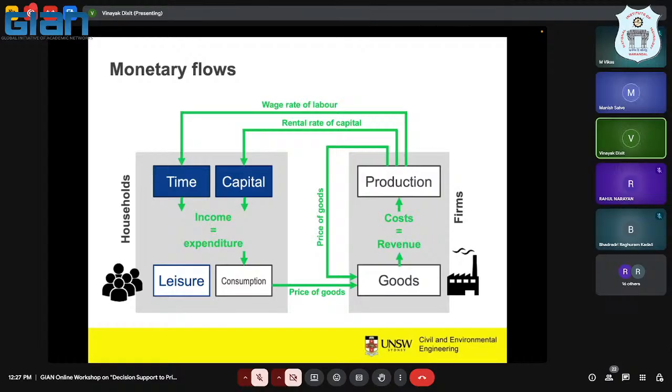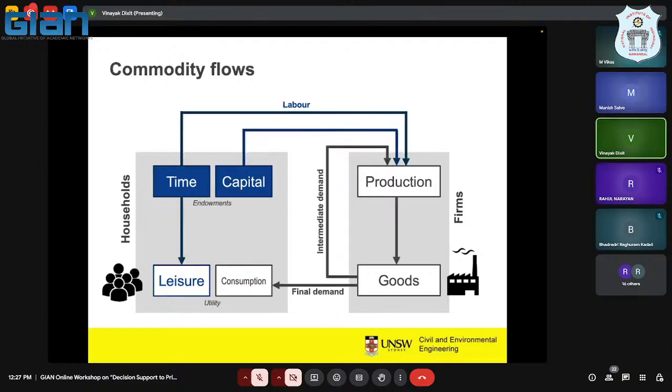That's the way we actually include it. There are two places where travel costs come in. Here we have assumed that there is leisure and there is labor, right? So time can be spent, but we can also include travel time.